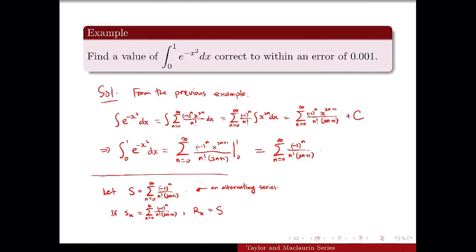So R sub k is S minus S sub k here. Okay? What else? We write B sub k, or B sub n, whatever, B sub k, 1 over k factorial times 2k plus 1. Okay?